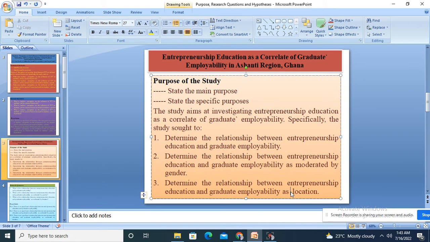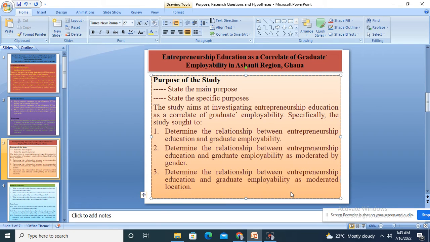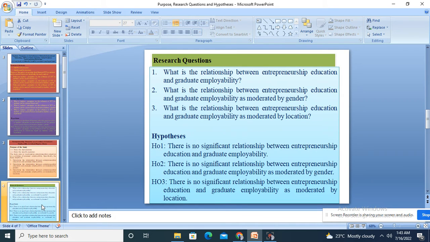As moderated, you just say as moderated. Now, as moderated by what? Location. That is that. So now what do we use? This is regression analysis. You use regression to run this. But when we get to chapter 3, we'll be discussing about that.